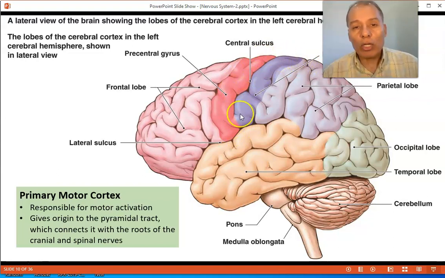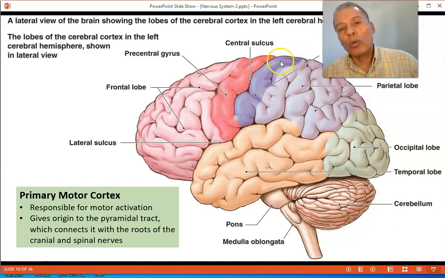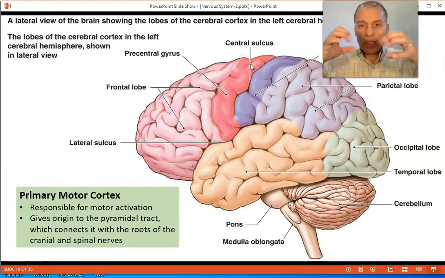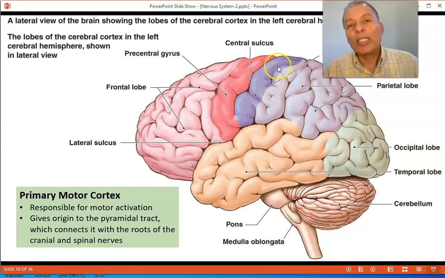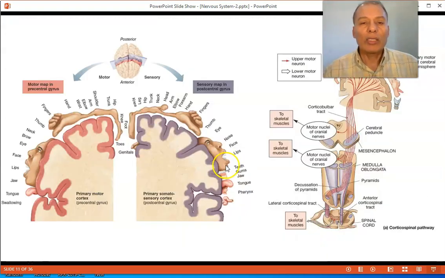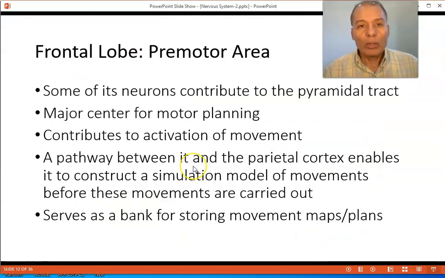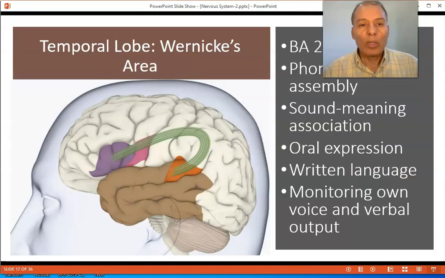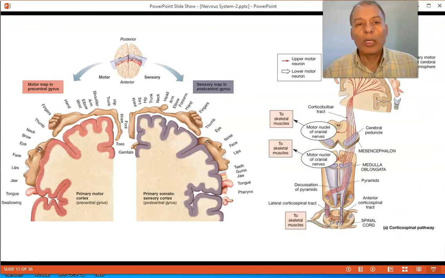A similar structure is found on the other side, on the somatosensory cortex. The motor cortex gives you movement and movement coordination, but the sensory cortex brings you sensation from the areas that you are moving. Let me go back here.